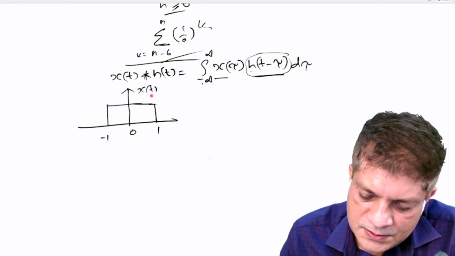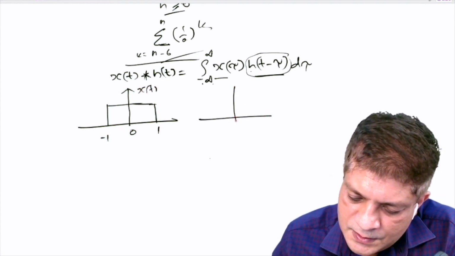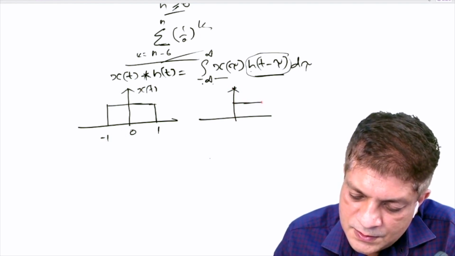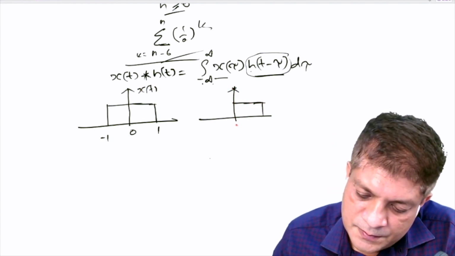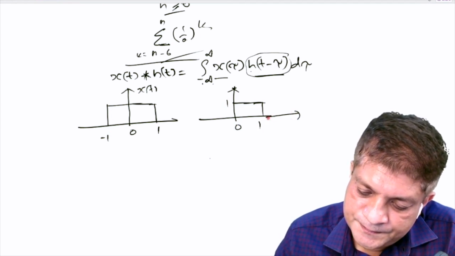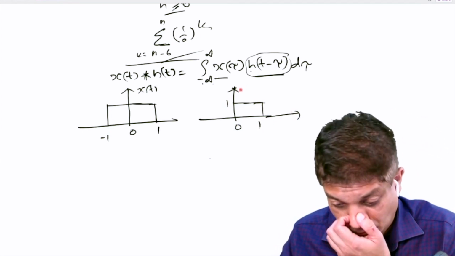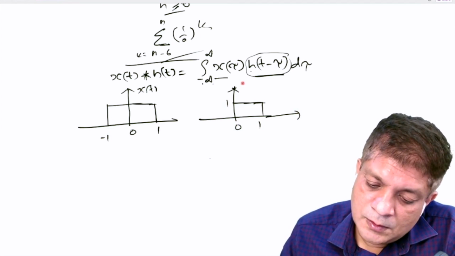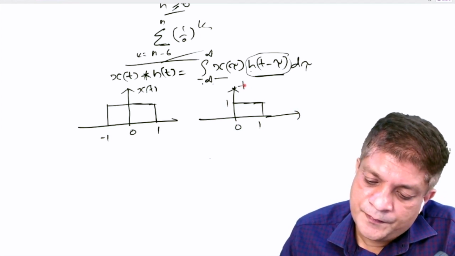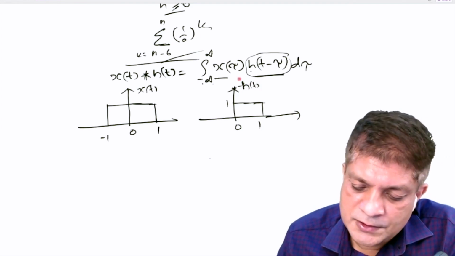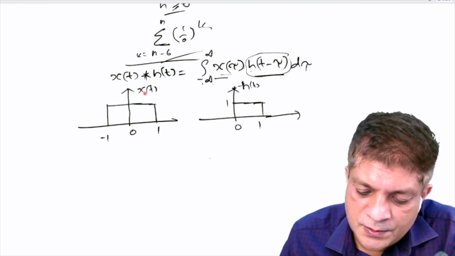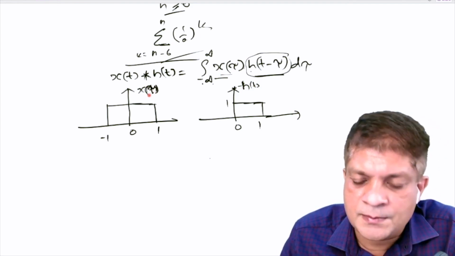Let's say this is x(t), and this is h(t), from 0 to 1. So first we have to find x(tau). It is the same signal, just change the variable to tau.